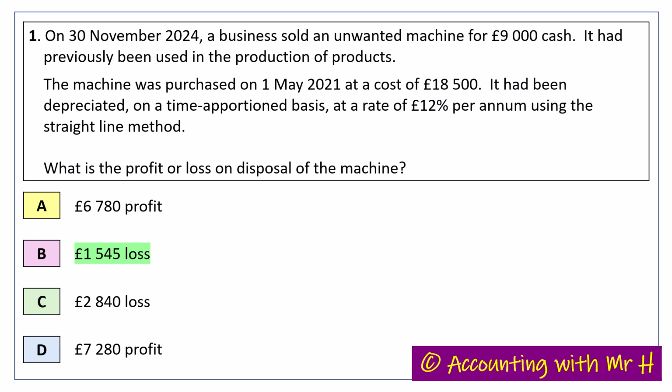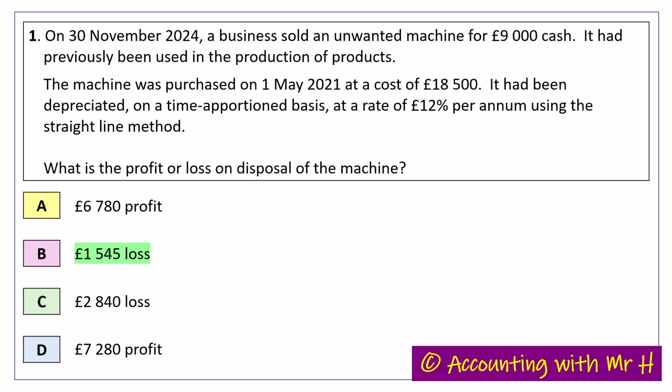So plus the 8, we're now up to 32 months. And then in 2024, they owned it until the end of November. So that's another 11 months. So add that on and we get to 43 months. So in total, they owned it for 43 months. So take that annual figure of 2,220, divide by 12 months, multiply by 43 months, equals depreciation of £7,955.